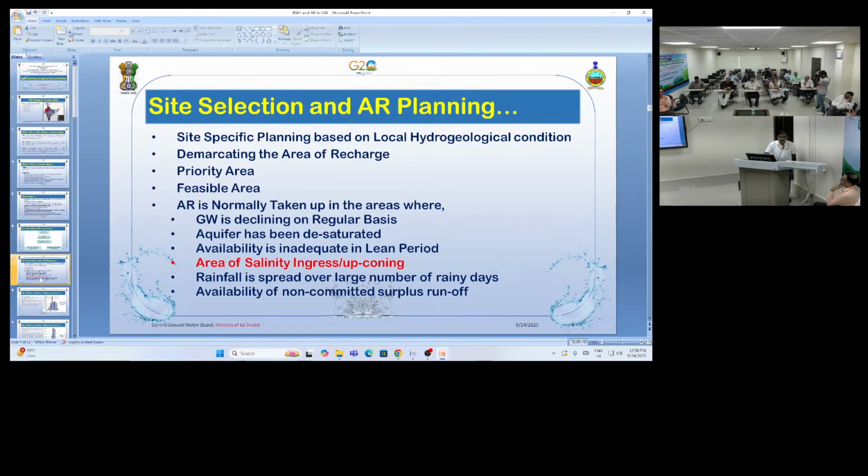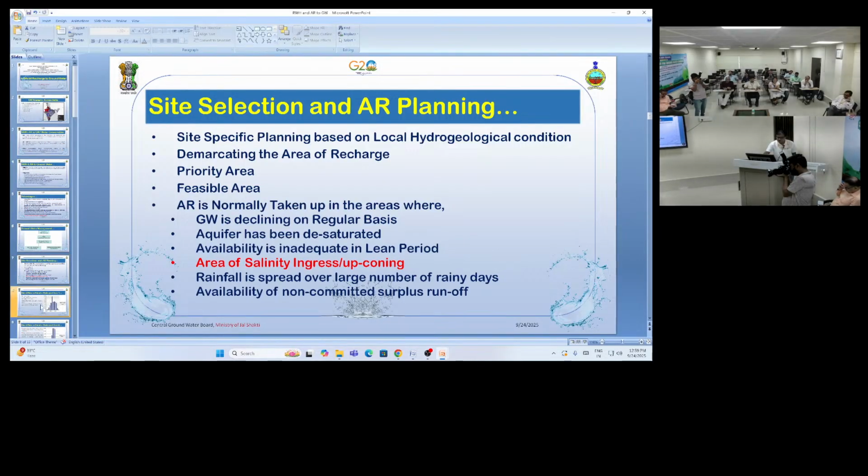There must be some reason. Water level is declining on a regular basis, the aquifer has been desaturated, availability is inadequate in the lean period, in the dry spell you are not getting water, or there is salinity ingress. This is presently not an issue for the northeastern region. Rainfall is sparse over a large number of rainy days, and there is availability of non-committed surplus runoff. These are some of the issues.